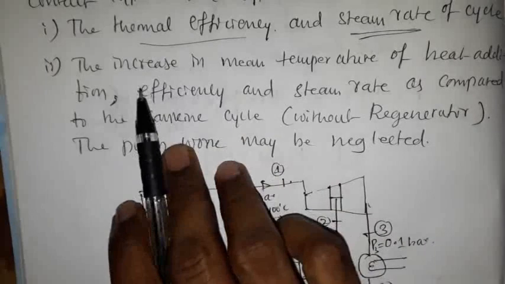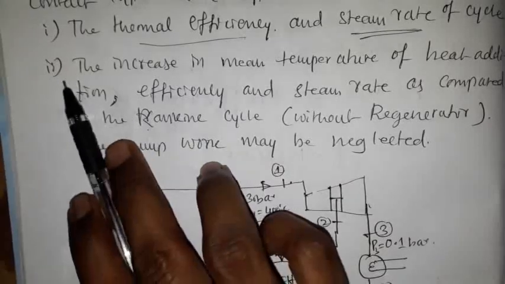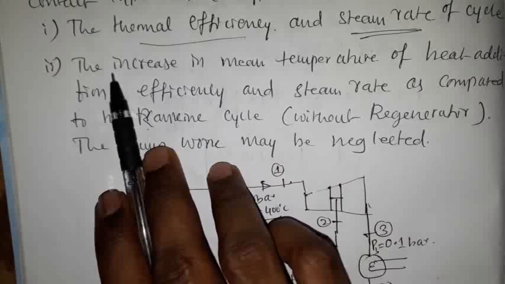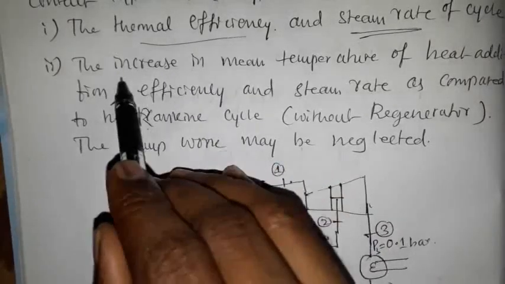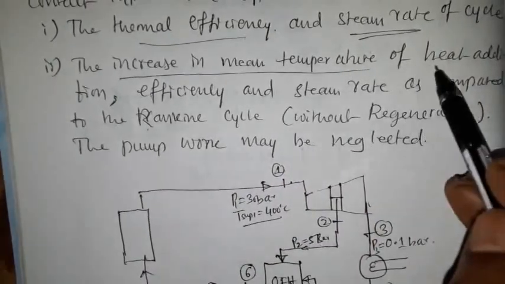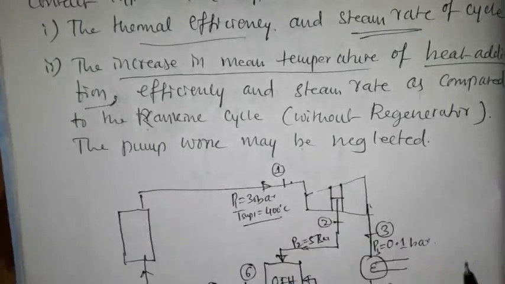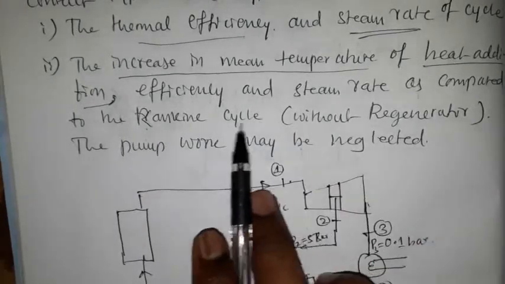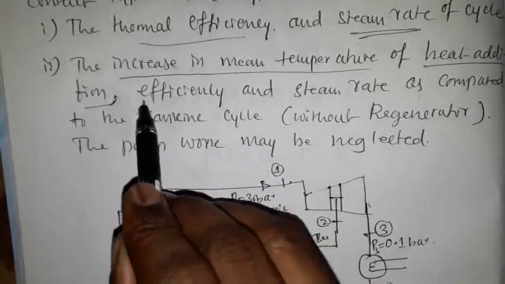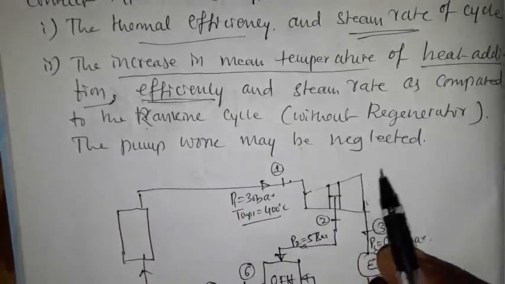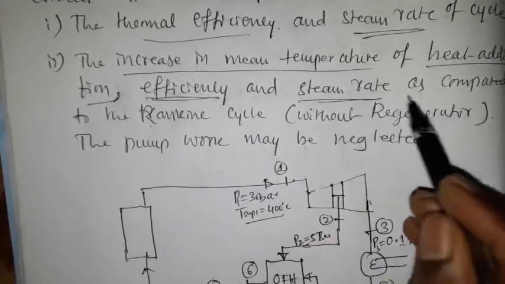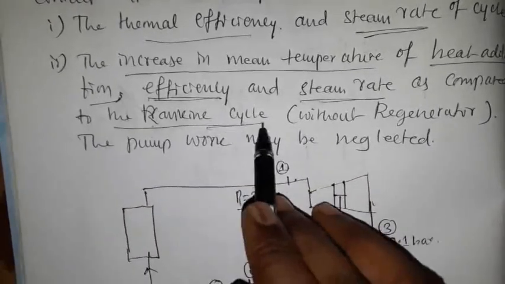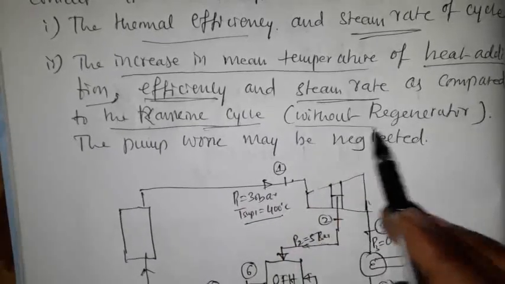Now here we have the second part of the problem, wherein he is asking us to calculate the increase in mean temperature of heat addition. We'll discuss that while solving the problem. Then the increase in thermal efficiency of the plant and the increase in steam rate as compared to the basic Rankine cycle, that is the cycle without regeneration.